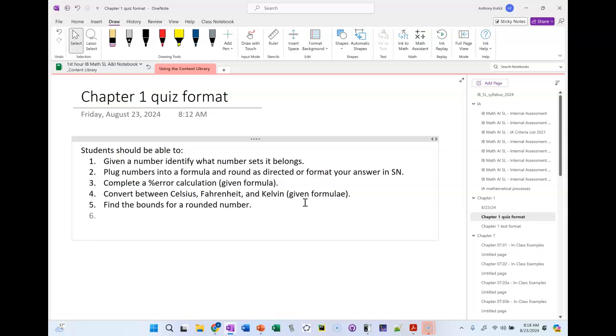Kind of like that. So you should be able to do basic operations on numbers in scientific notation. So add, subtract, multiply, divide, exponent.